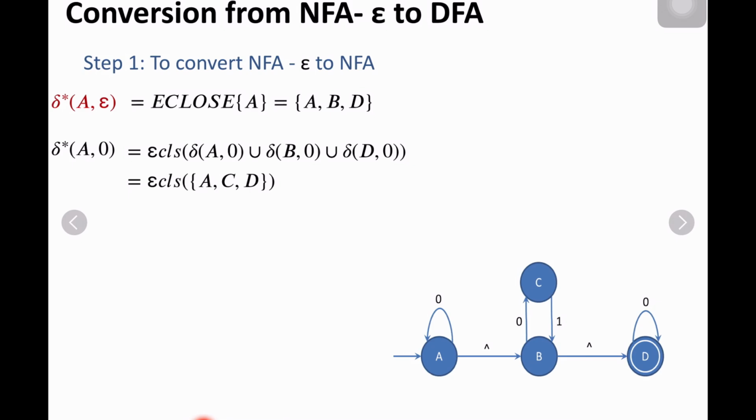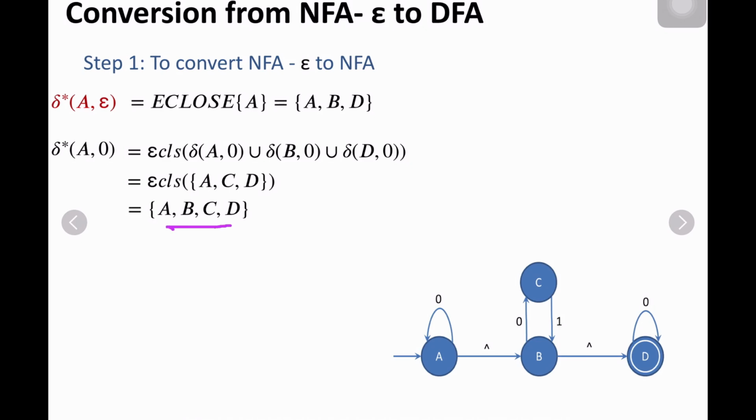Then E-closure of A is ABD, E-closure of C is C only, and E-closure of D is D only, because it is not able to reach any other state. So the result is A, B, C, D. When you take the transition of delta star of A comma 0, you will get A, B, C, D.